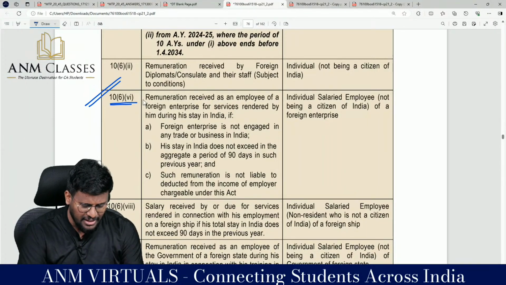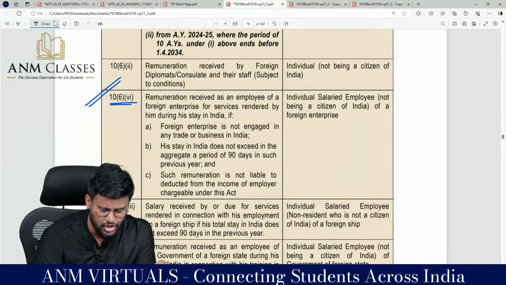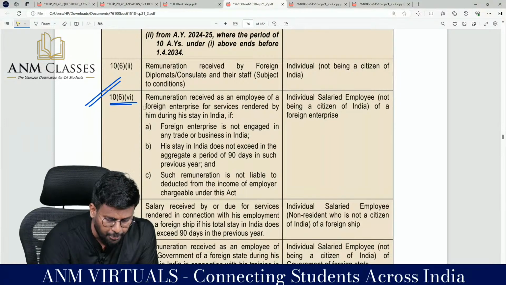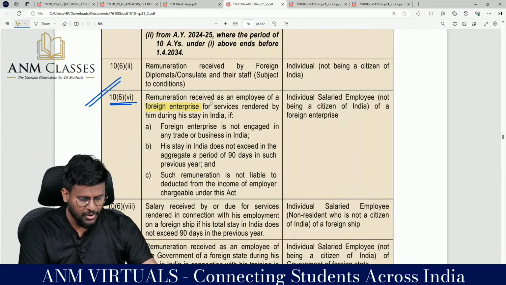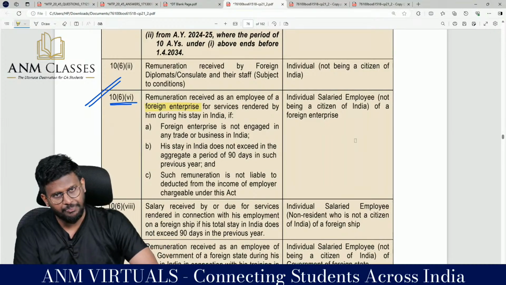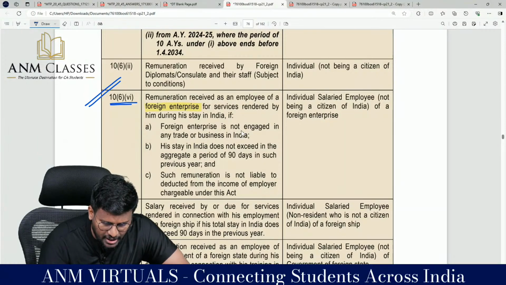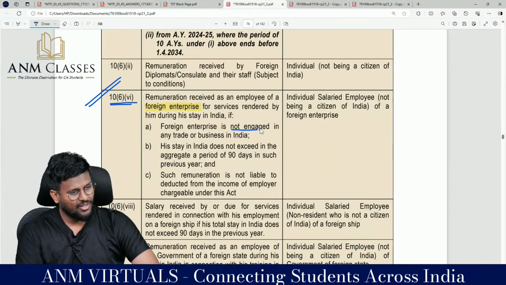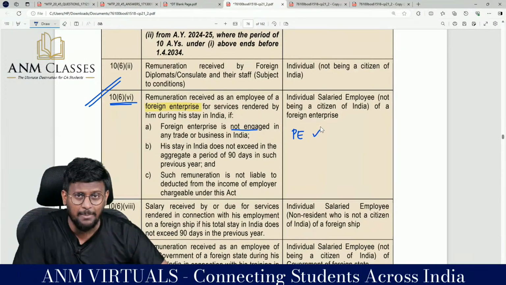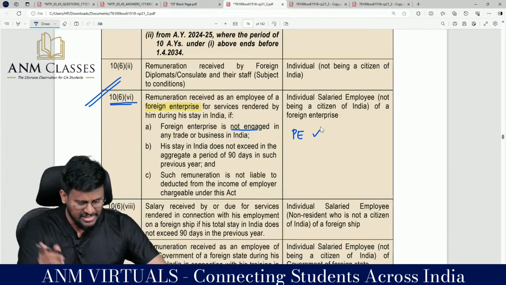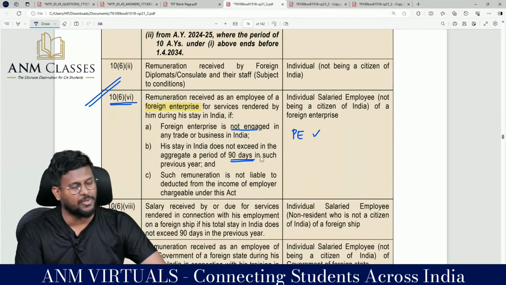In this, the relevant one is section 10 subsection 6 clause 6, that is remuneration received as an employee of a foreign enterprise for services rendered by him during his stay in India, if the foreign enterprise is not having any trade or business in India, or this foreign enterprise does not have a permanent establishment in India. His stay in India does not exceed the aggregate period of 90 days in such previous year.